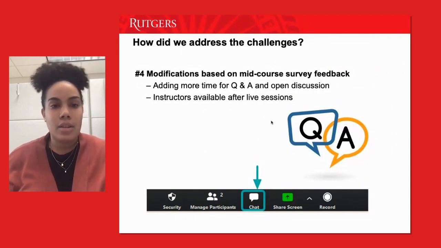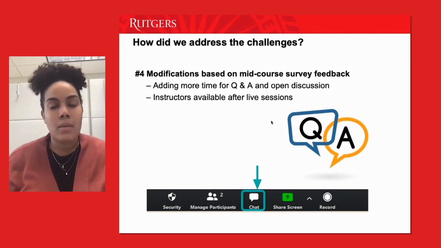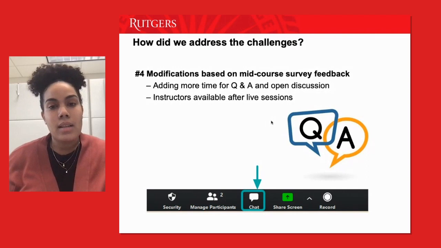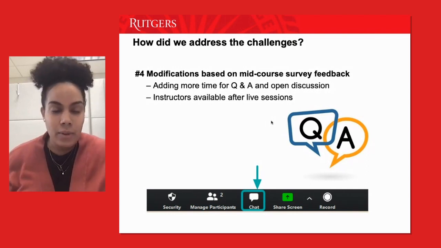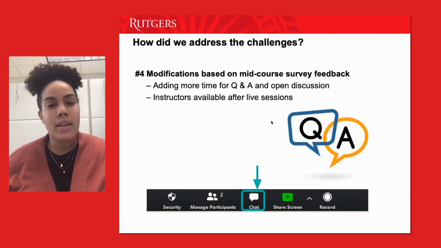So things were very different for a few of the nurses, depending on where they were from. We also wanted to tailor this course to the needs of the nurses participating in the course, and in order to do so, we wanted to ask for feedback frequently. In asking for feedback frequently, we were able to hear from the nurses as the course was going on rather than waiting until the very end.